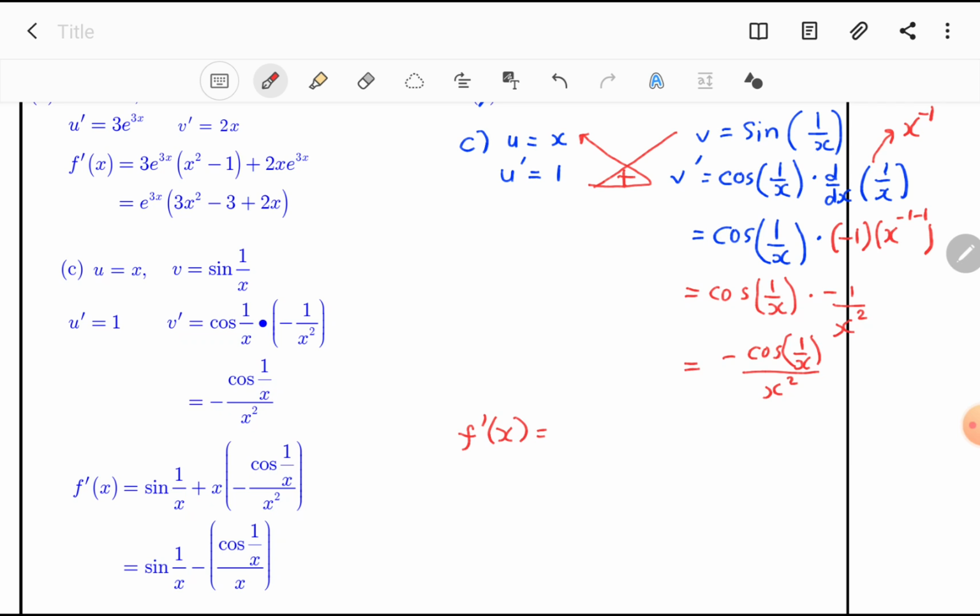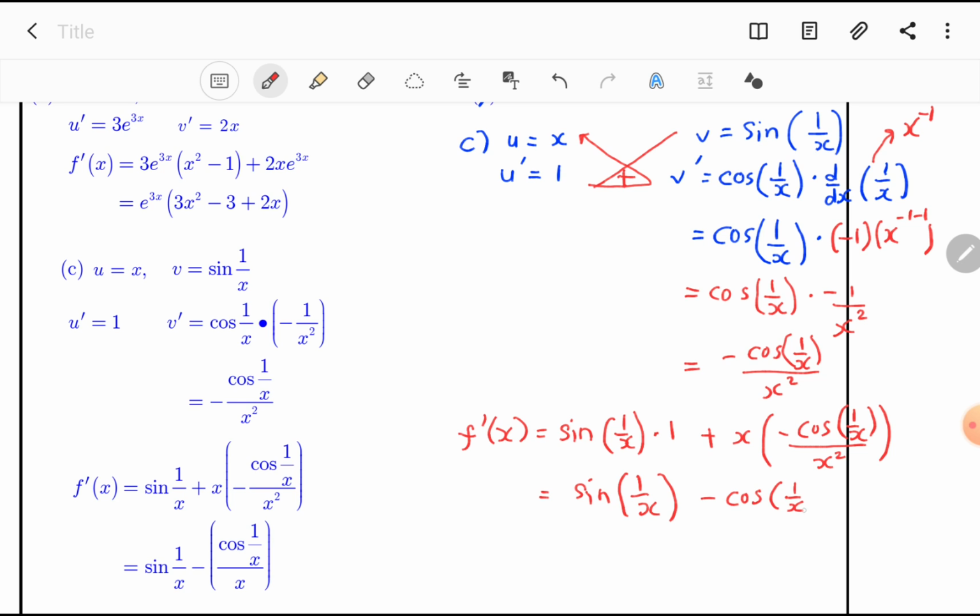So we will get sine 1 over x times 1 and plus x times negative cos 1 over x divided by x squared equals sine 1 over x minus cos 1 over x divided by x.